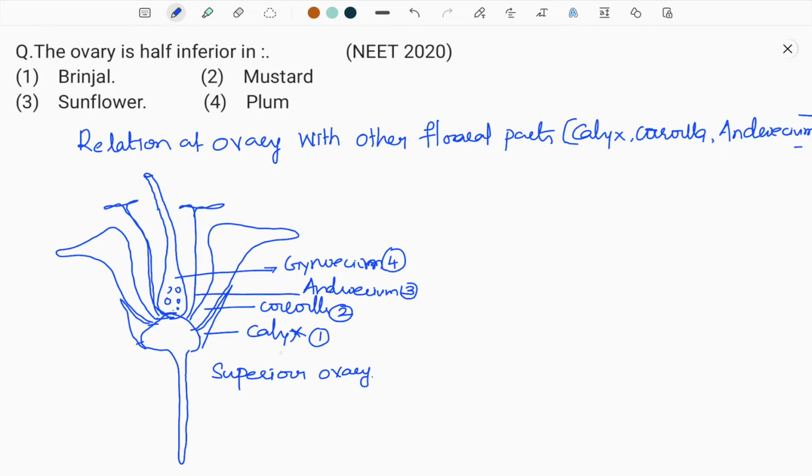Do remember, it is symbolized as G with a line below, and this hyphen indicates the flower is called hypogynous flower. Hypogynous flower means the flower parts are present below the gynoecium.